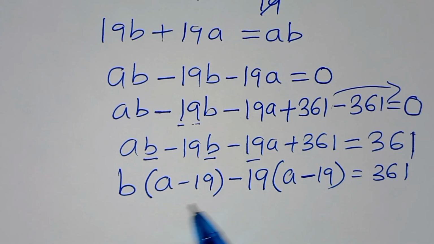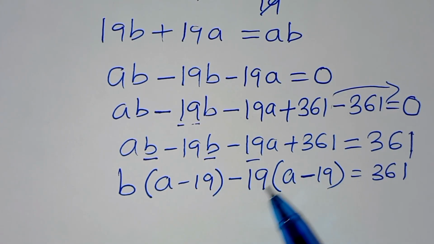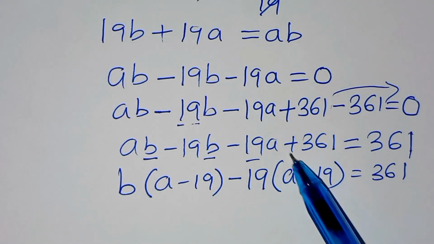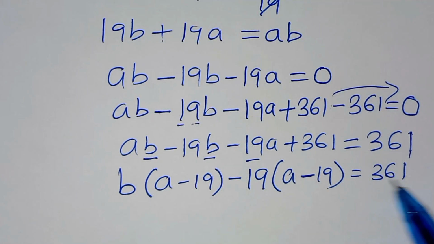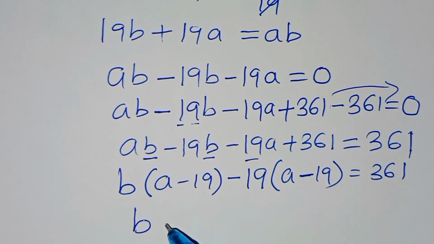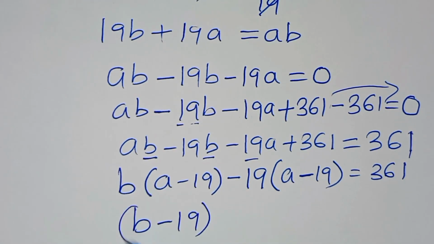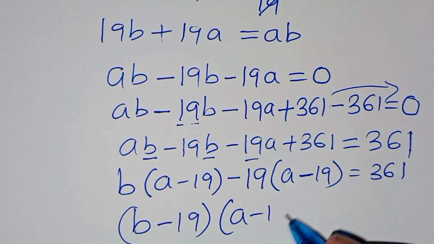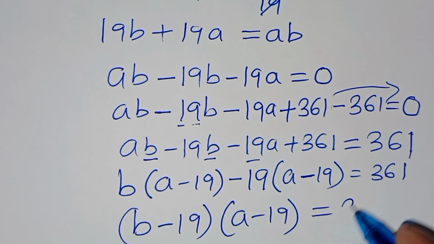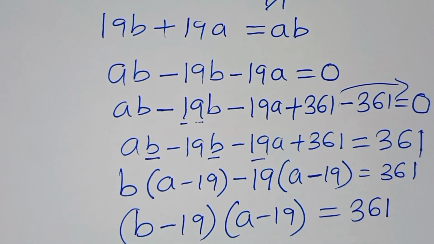So by factorizing, we have b minus 19 into the bracket a minus 19, equal to 361.